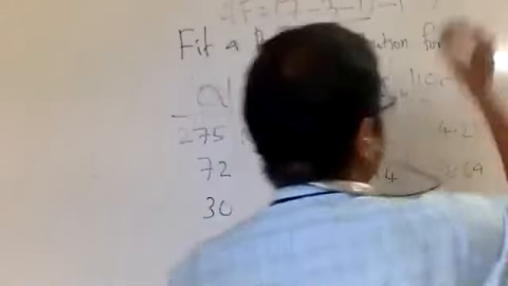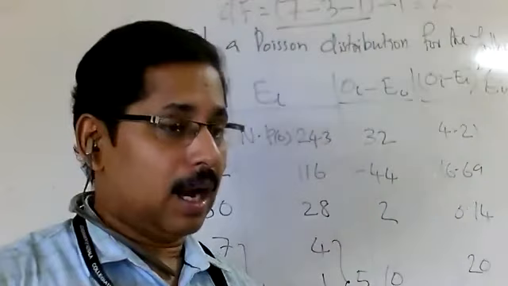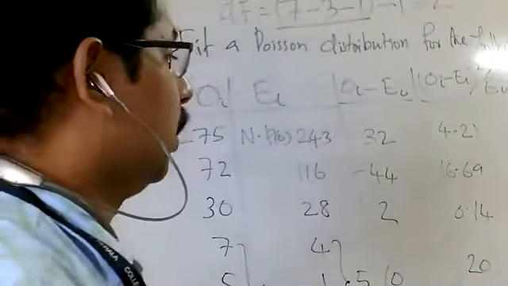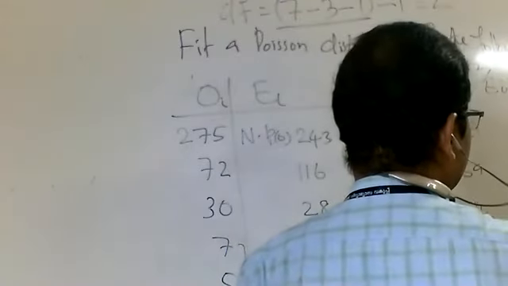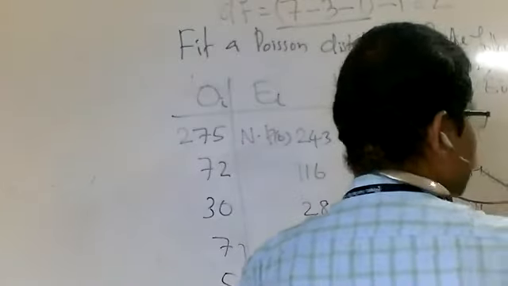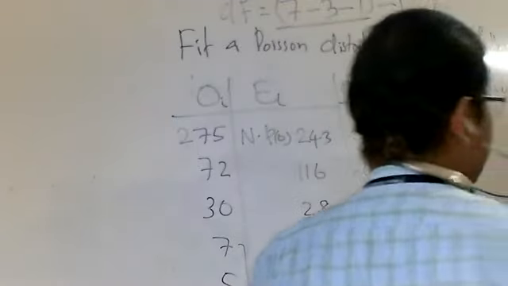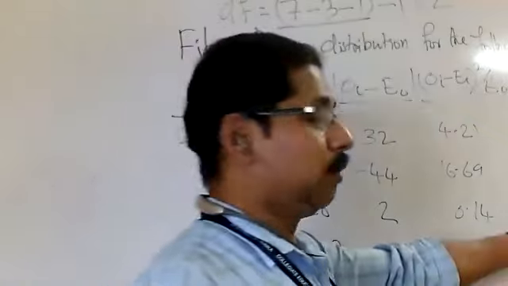So this value is 2. So using these degrees of freedom and alpha value, from the table you will get a table value. The chi-square table value for 2 and 0.05 is 5.991. Here the calculated value is 41 and the table value is 5.991.